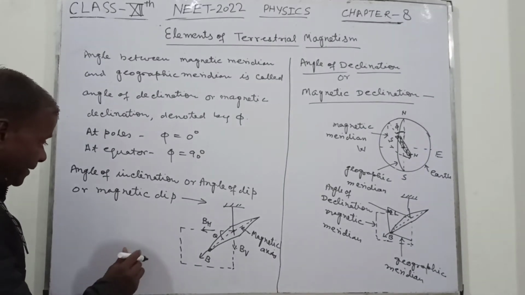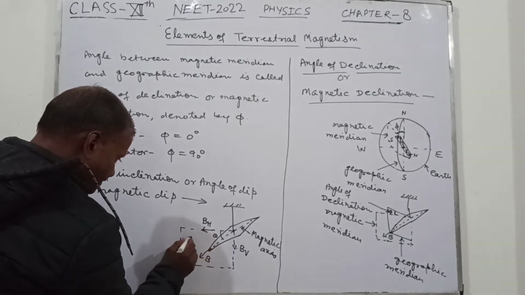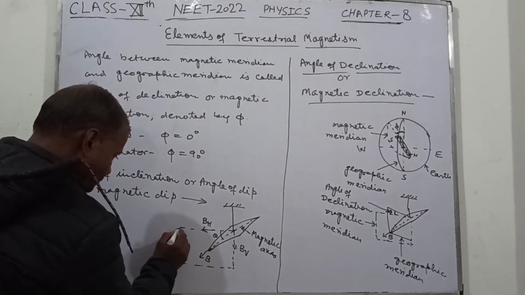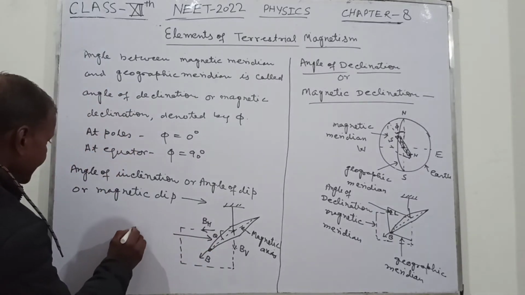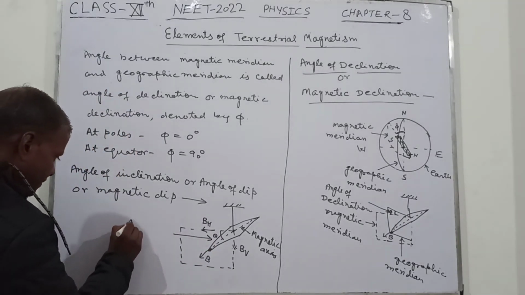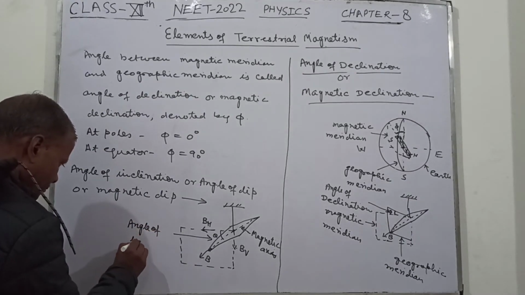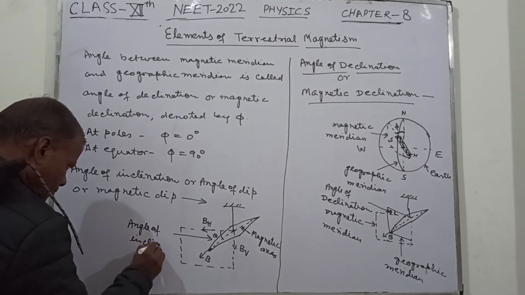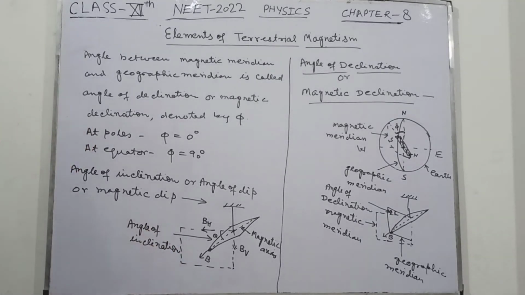So this theta is the angle of inclination.